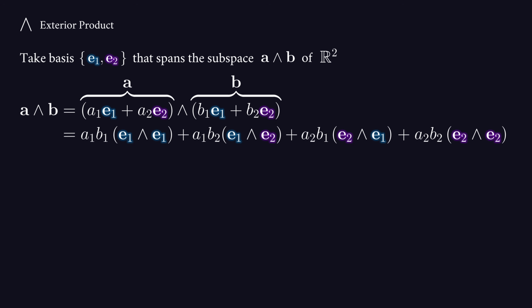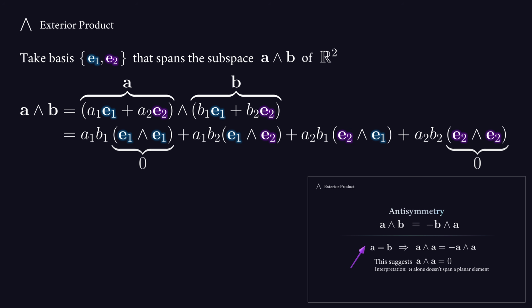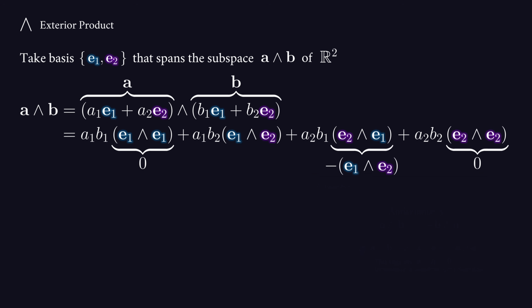And as you see here with the discussion we had beforehand, the E1 wedge E1 evaluates to 0. Same for E2 wedge E2. Those two are just 0. They don't span any planar element because it's just one vector. Then with the antisymmetry, we get that E2 wedge E1 is the same as minus E1 wedge E2. So then we can combine those two terms that we have left.